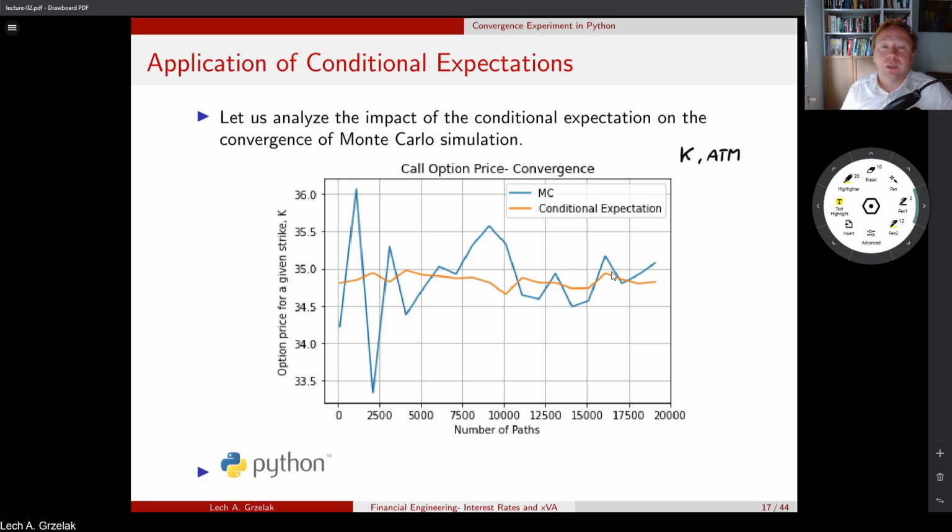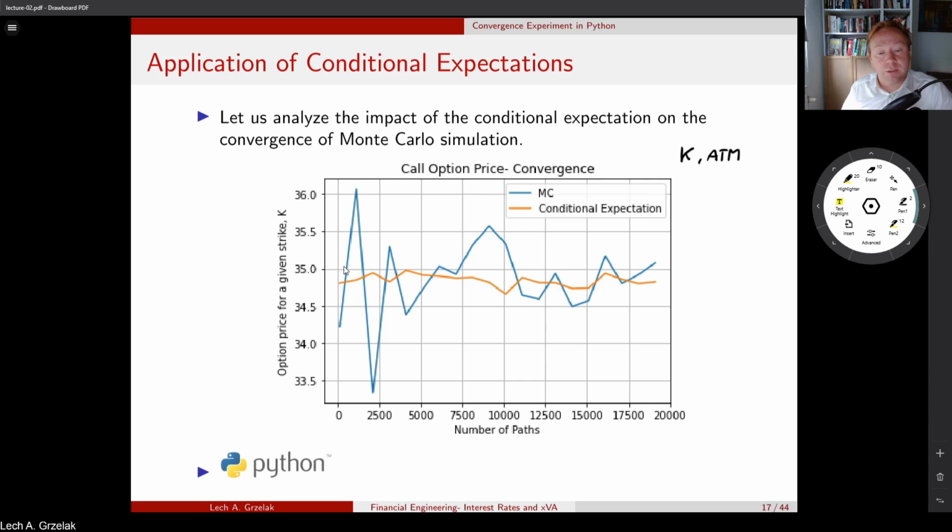We know from the course of computational finance that this kind of scheme has some error related to the time step, so this is also represented in these values here. However, you can see that for the blue line, for Monte Carlo brute force, there are huge oscillations and it slowly converges. Of course, now we can also extend the number of Monte Carlo paths from 20,000 to 100,000 and see this phenomenon better.